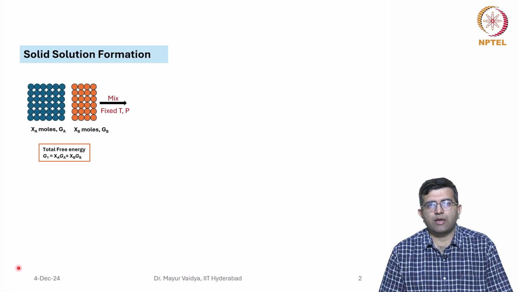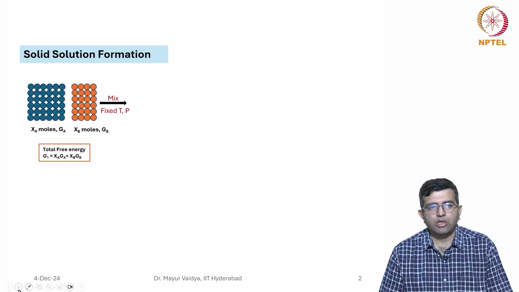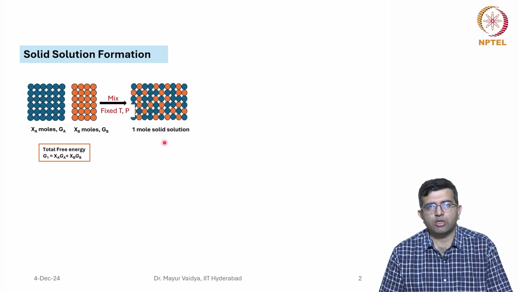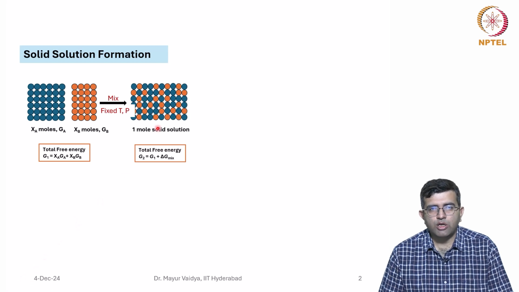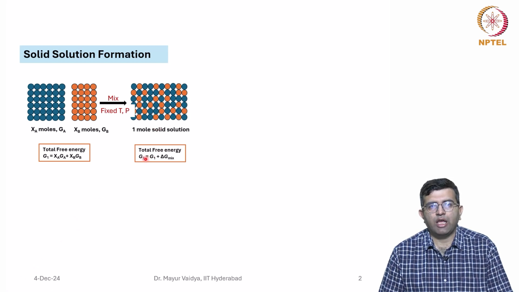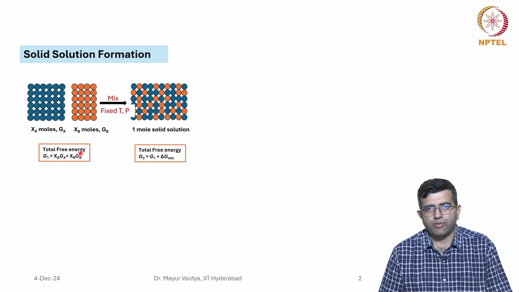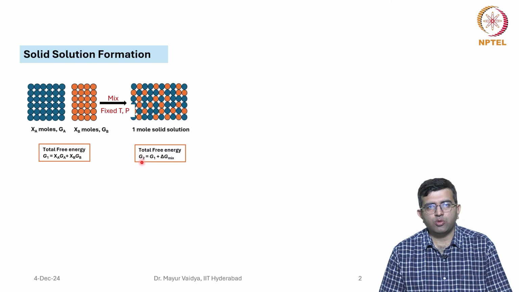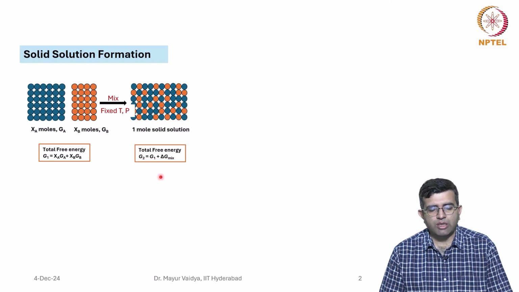Now, if you mix them at a fixed temperature and pressure, a solid solution would form, and that solid solution will have a free energy different from the free energy before mixing. So if we call the total free energy of the solid solution G2, then G2 is equal to G1 plus delta G mix.